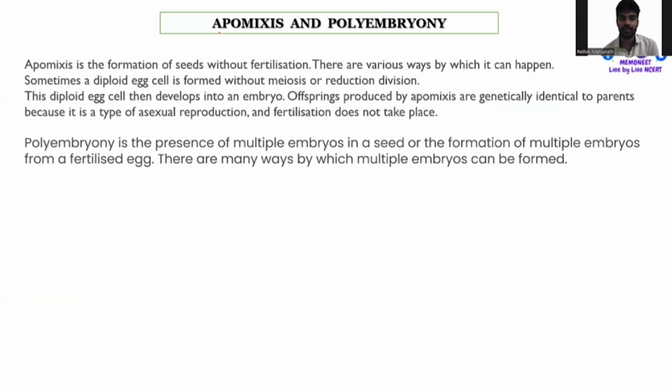The last one we have is apomixis as well as polyembryony. In apomixis, the formation of the seed normally happens without fertilization. There are various ways by which it can happen. Sometimes a diploid egg cell is formed without undergoing meiosis or reductional cell division.